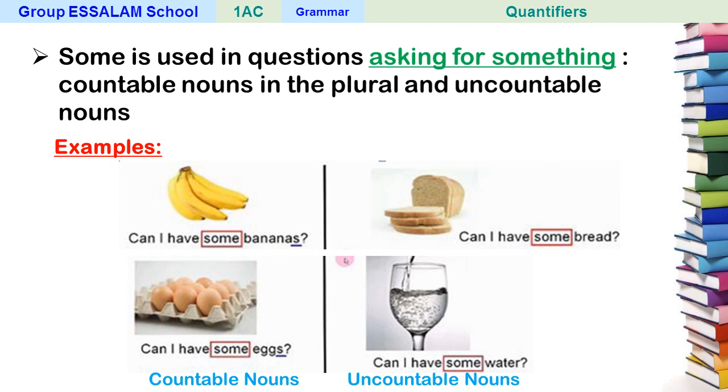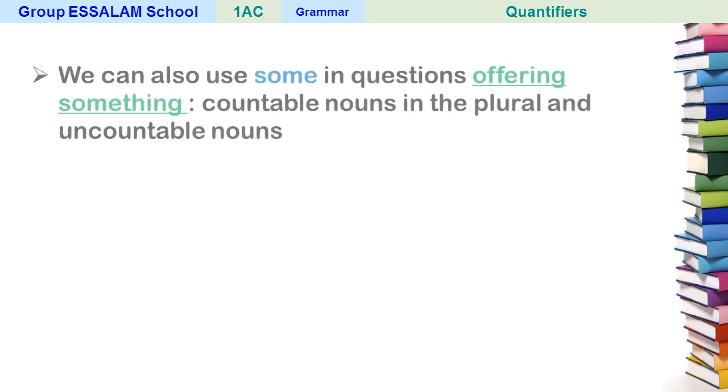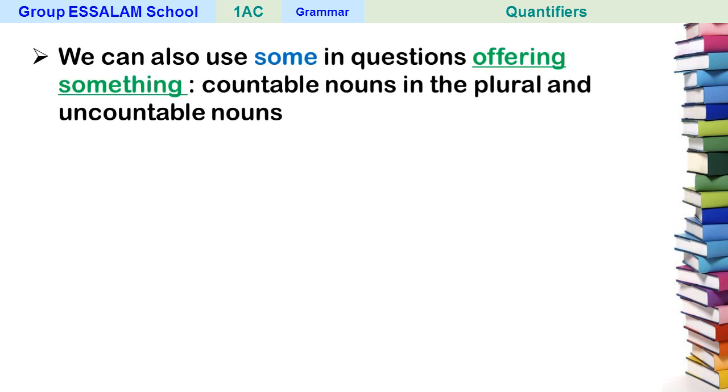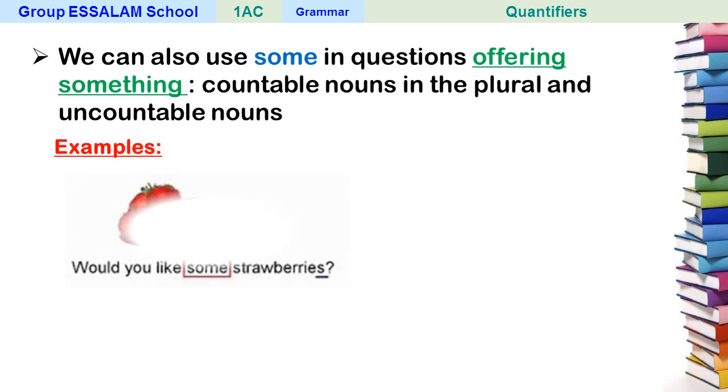Okay? Now let's see the last rule of some. We can also use some in questions offering something with countable nouns in the plural and uncountable nouns. Now let's explain again. What do we mean by offering? For example, look at this example.